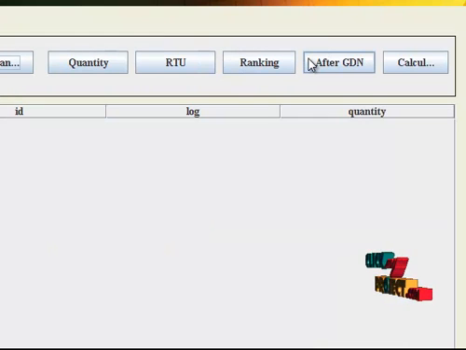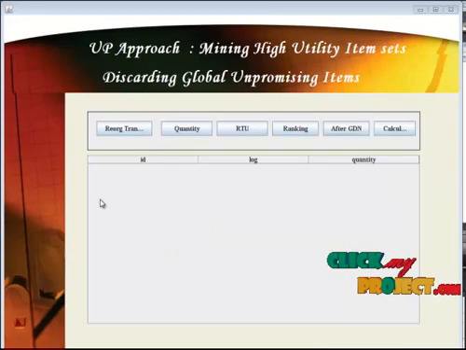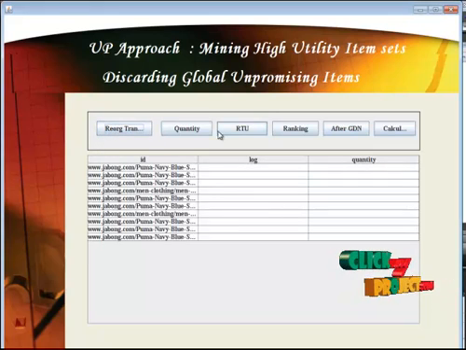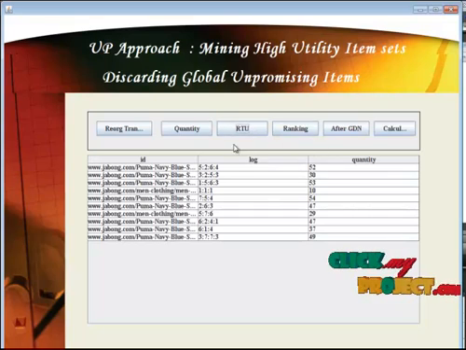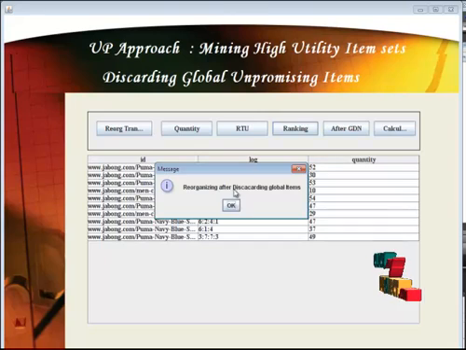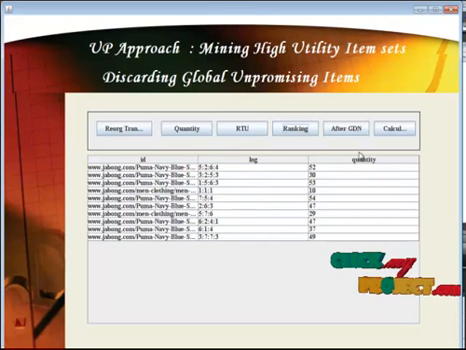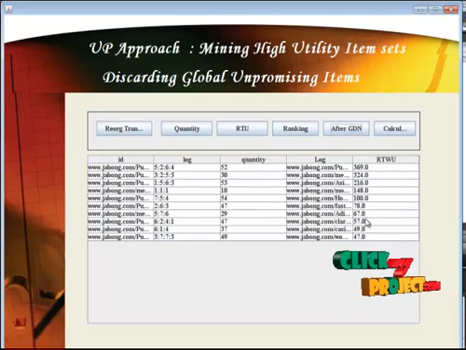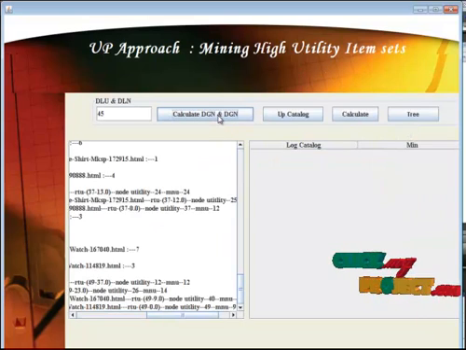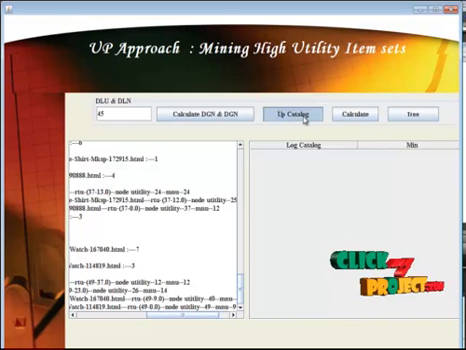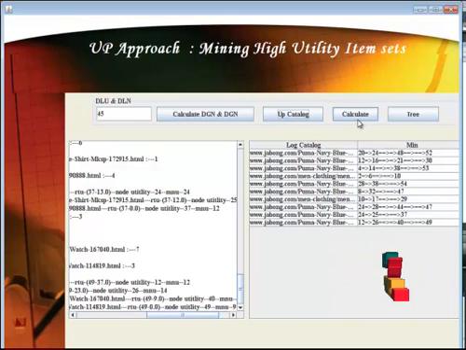Okay, after that, reorganization of transactions is done, quantity is estimated, then RTU, that is reorganized transaction utility, is found. So we need to discard some items. After that, the global catalogs are estimated, and we need to calculate some DGN and DG strategies, and UP catalogs.